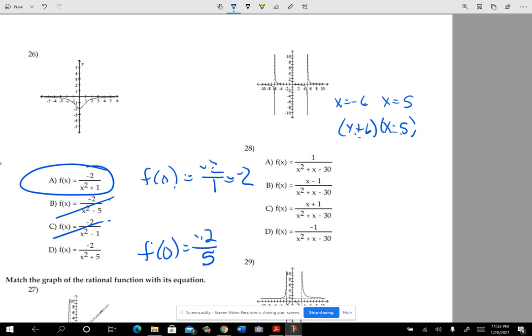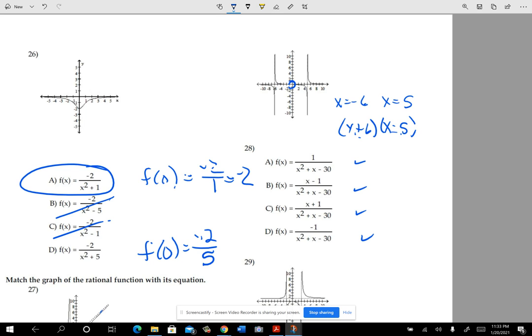It has a horizontal asymptote at the x-axis, which means the degree on the bottom has to be bigger, which is true here, here, here, and here. So that part's also true. It looks like it crosses the x-axis at 0.